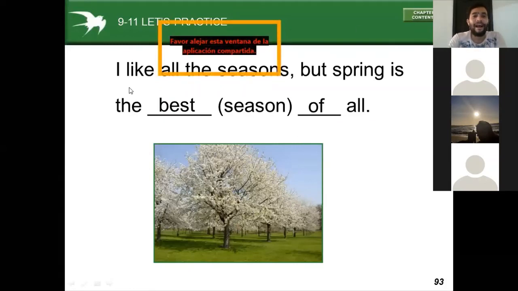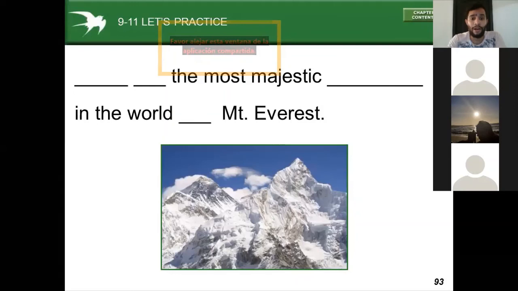Oh, I gave you the answer. I like all the seasons, but spring is the best of all, or is the best season of all, right? Es la mejor estación de todas las estaciones. Ahora, estoy nuevamente hablando, generalizando, ¿cierto? Por eso uso of all. Now, how about here, Mount Everest? ¿Cómo sería este ejemplo?